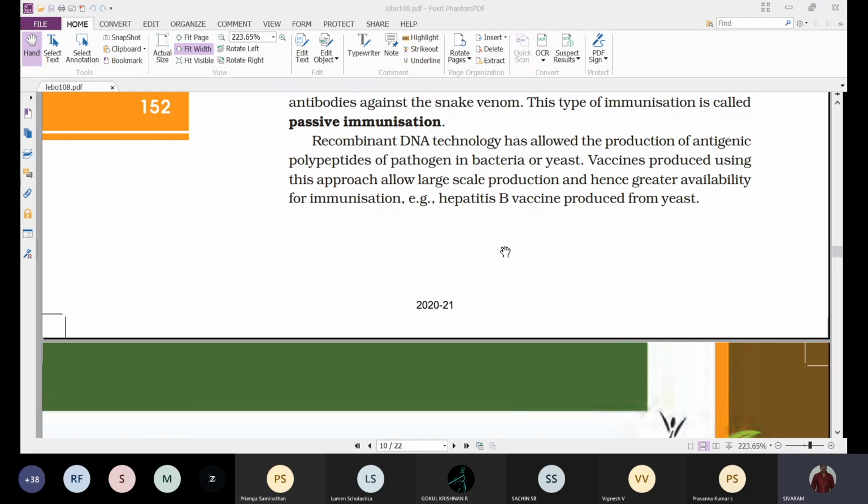What they will do is identify that antigenic structure. For producing that antigenic structure, one gene will be there which is associated with the genetic material of that pathogen.